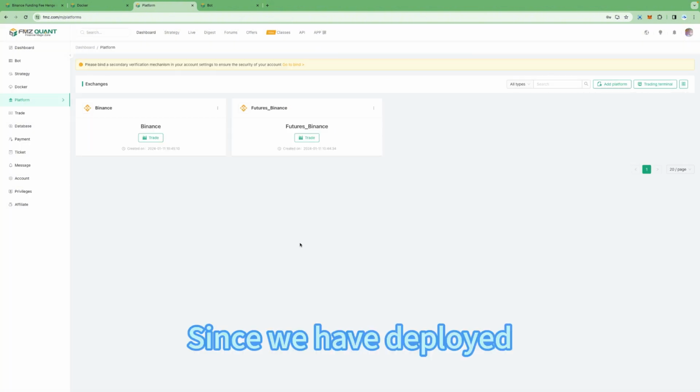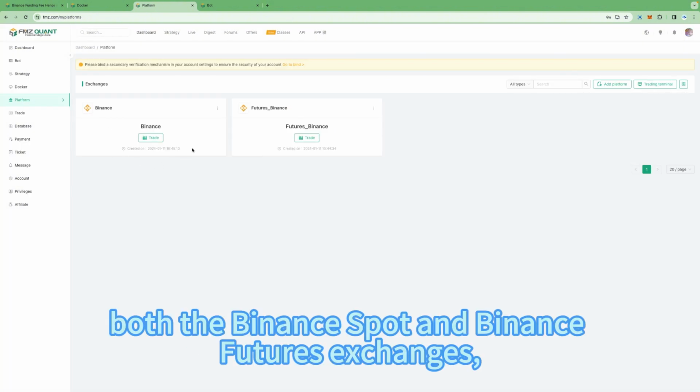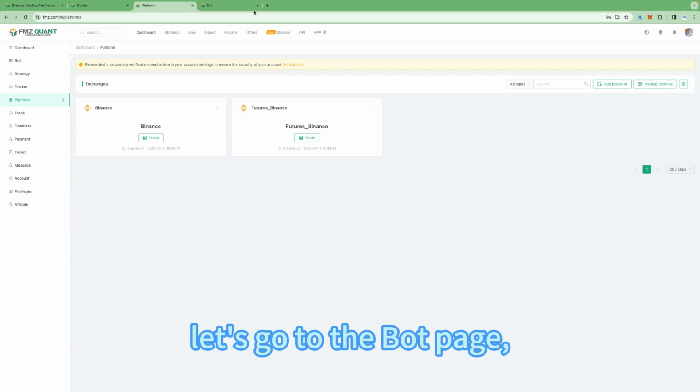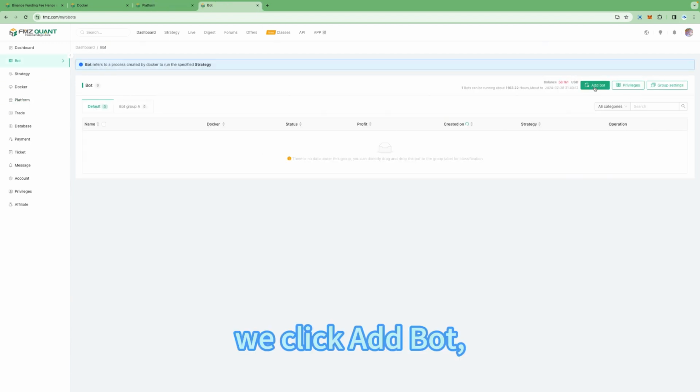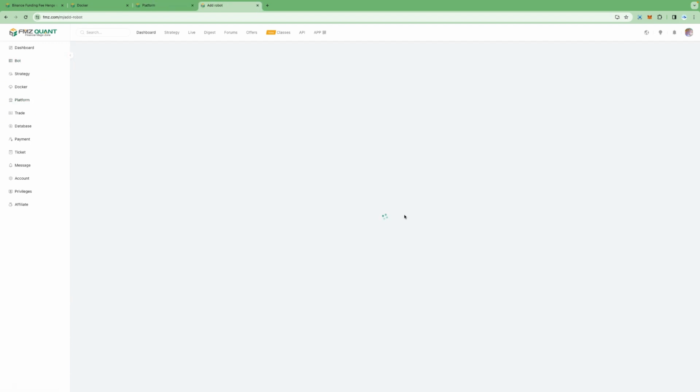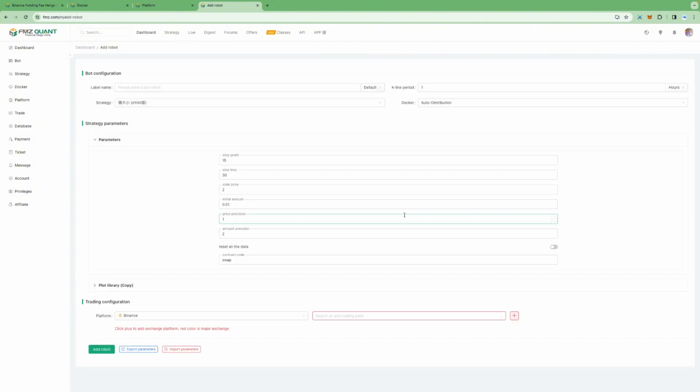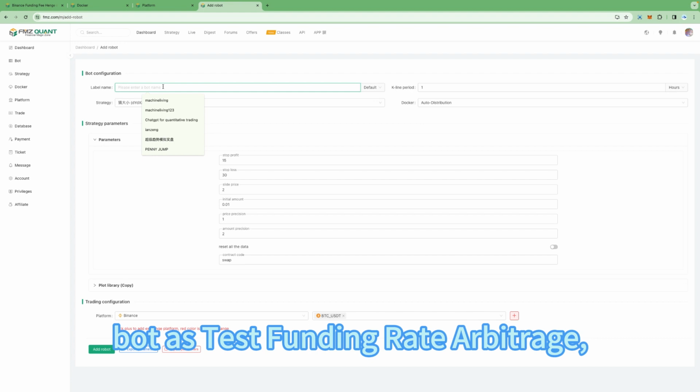Since we have deployed both the Binance Spot and Binance Futures exchanges, let's go to the bot page. We click Add Bot. And we can name the bot Test Funding Rate Arbitrage.